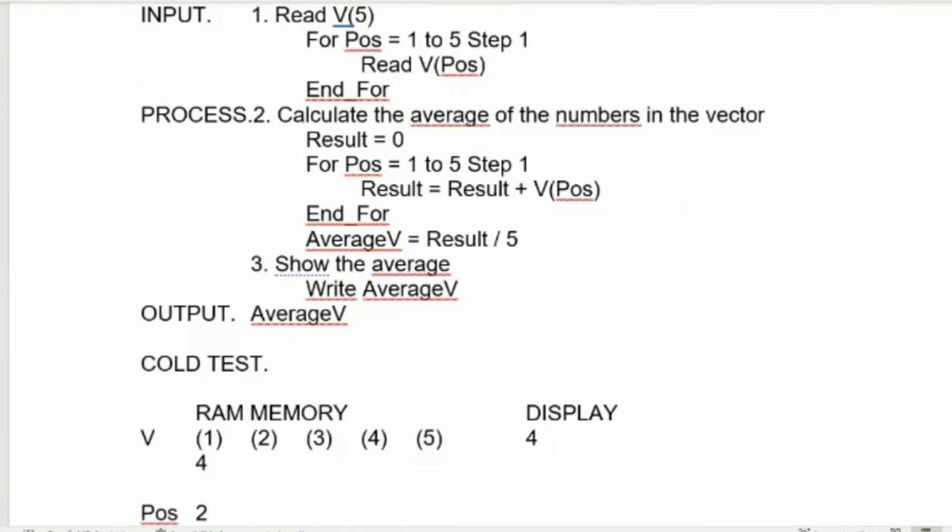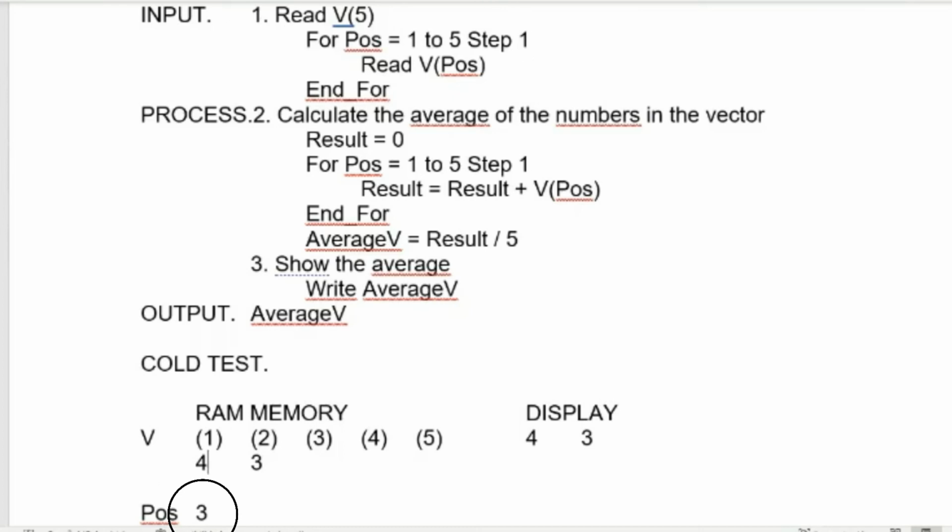Now read vector in position pos. Suppose we read number 3. 3 is going to the vector in position pos. Pos is equal to 2. That means 3 is going to the vector in position 2. Right? Next, step number 1.